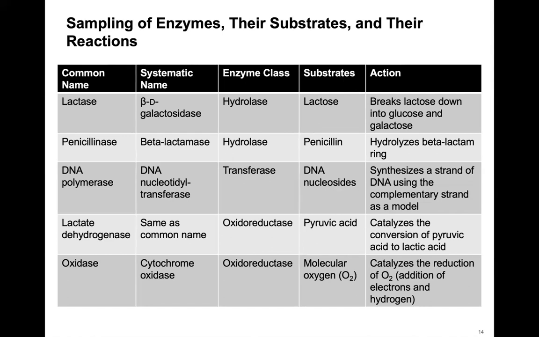The actual name of lactase is beta-D-galactosidase. That's its systematic name. So here you can just see an example. A lot of times these enzyme names are going to tell you what the enzyme is doing.